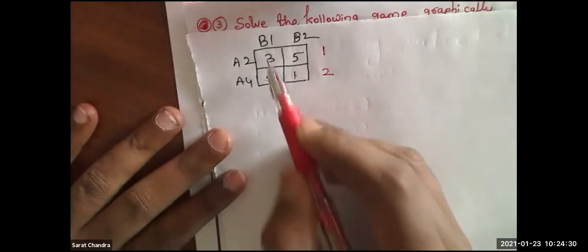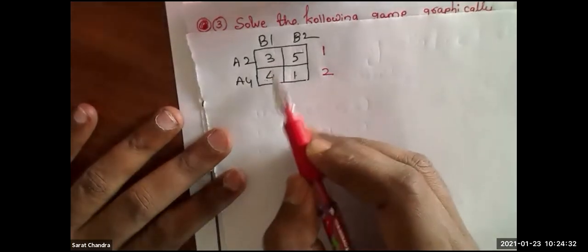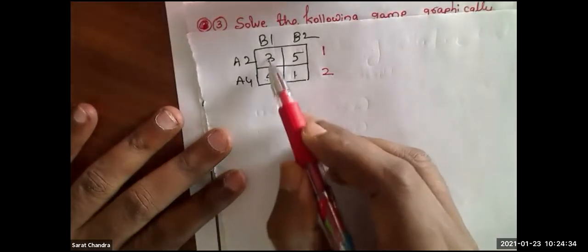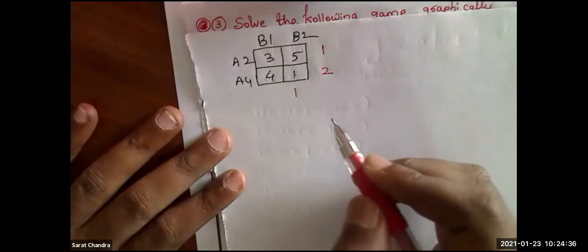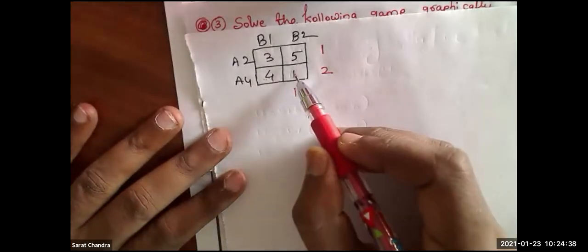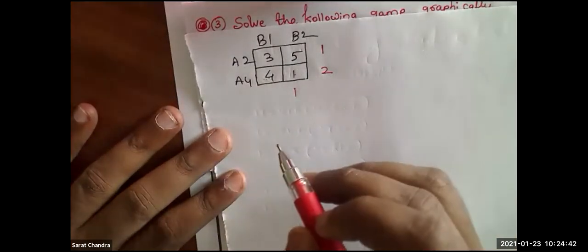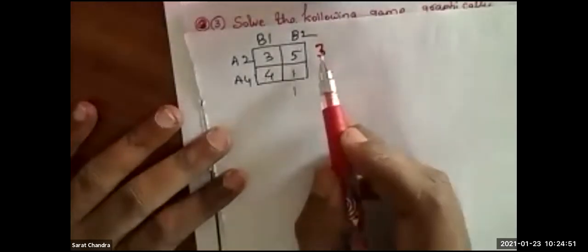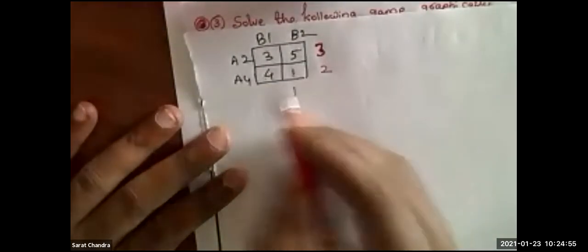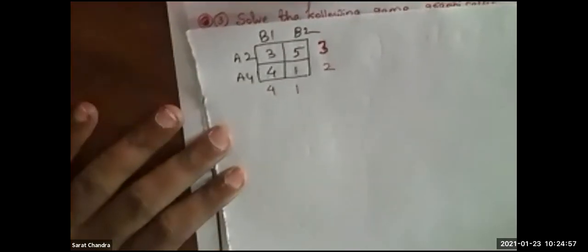Similarly for the columns, the difference between 4 and 3 is 1, and 5 minus 1 is 4.